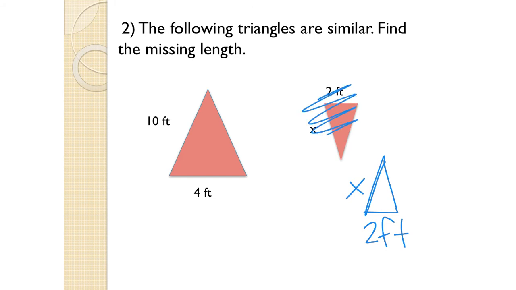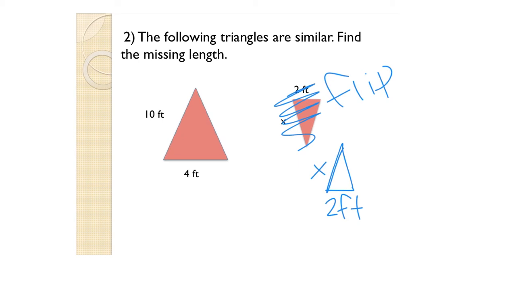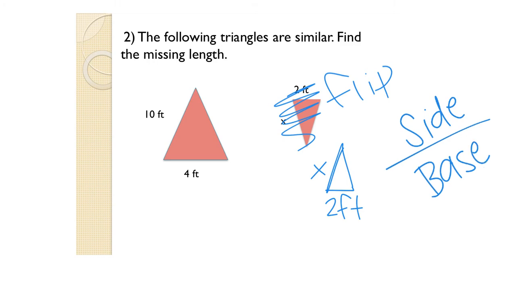So what we did is we flipped it. Now you're going to do side over base, set up your two ratios, set them equal to each other, and solve for x. So pause the video, solve for x, make sure you include your unit, and play the video once you're finished.